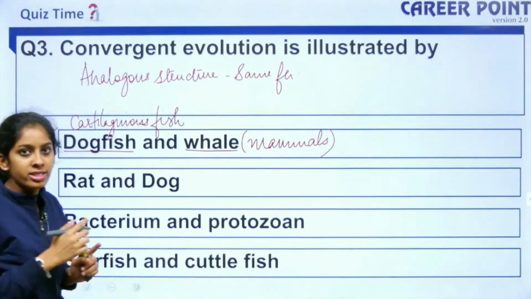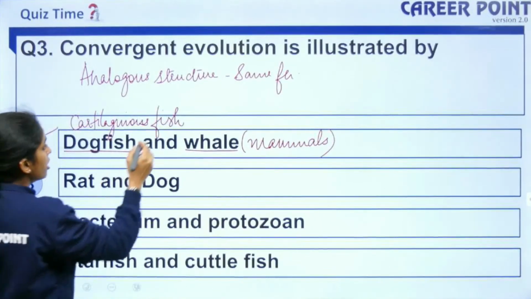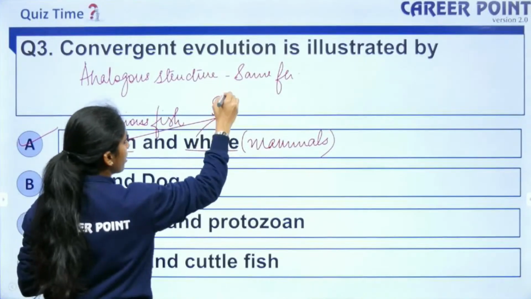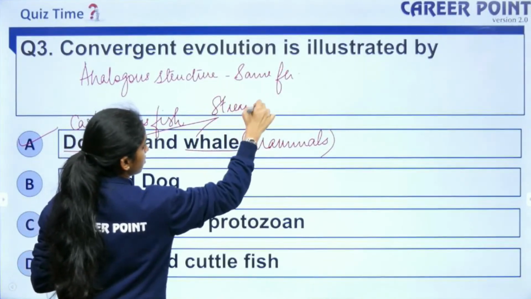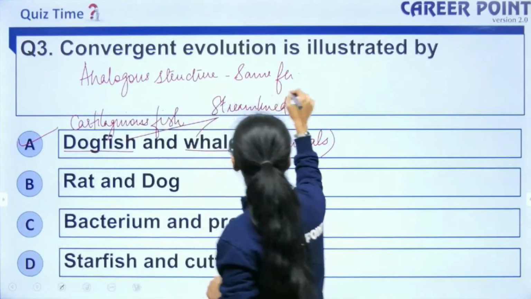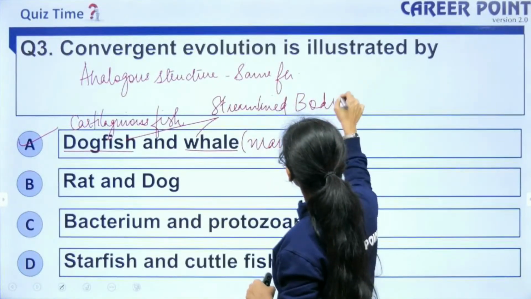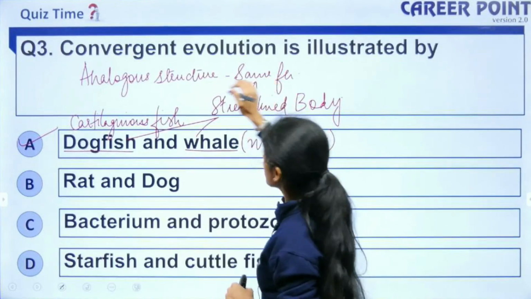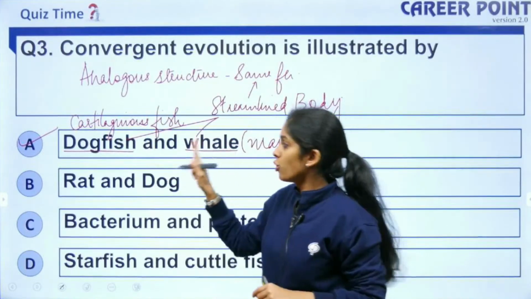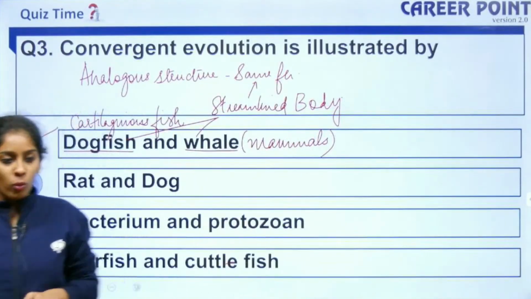But what is their habitat? Both live in water, so both have streamlined bodies. The function of the streamlined body is the same, but the structure is different. So here your answer is dogfish and whale.